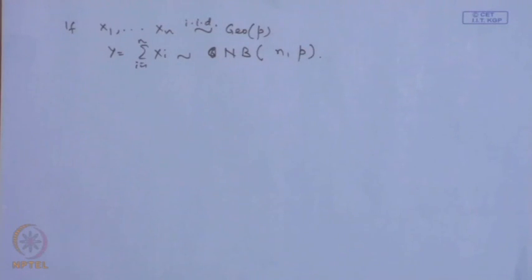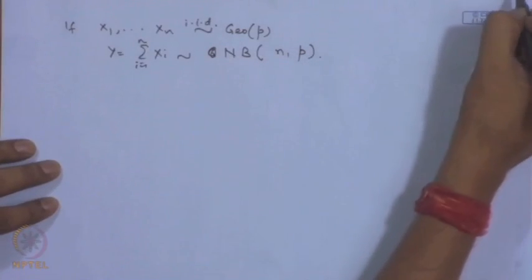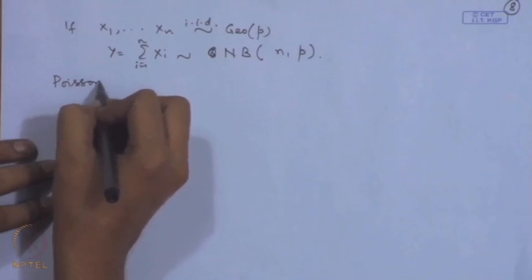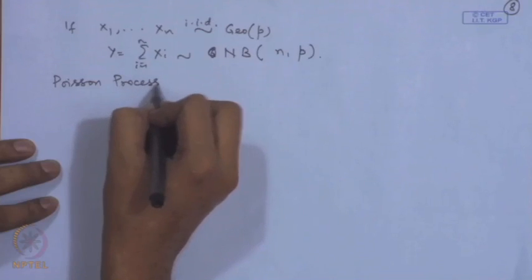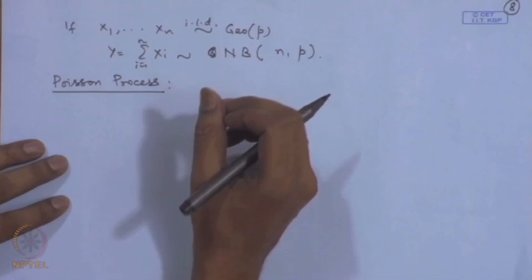Now, let me introduce another important discrete distribution, that is known as Poisson distribution. So, we introduce what is called a Poisson process. So, when we observe certain phenomena such as the number of accidents occurring at a particular traffic junction over a period of time.